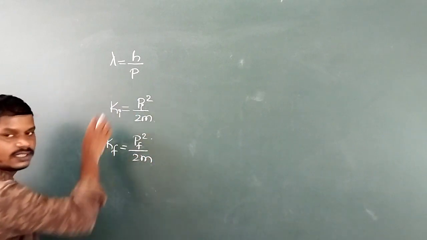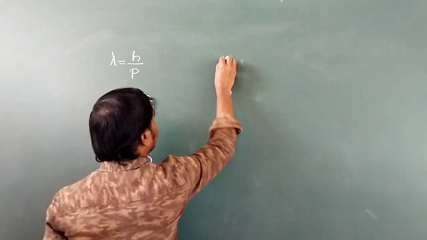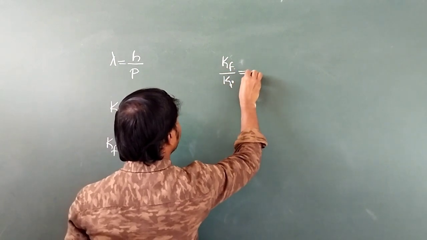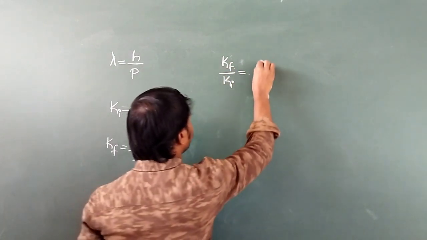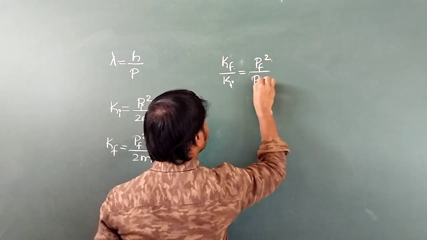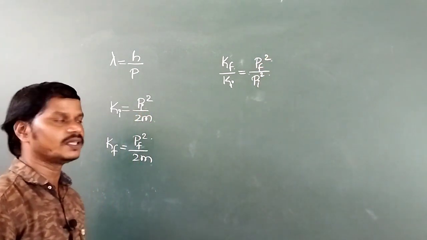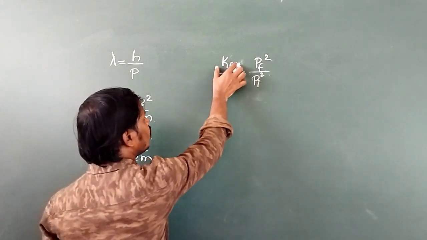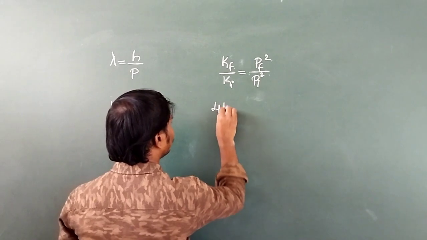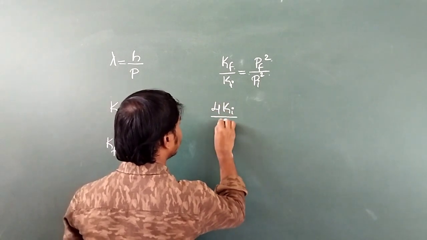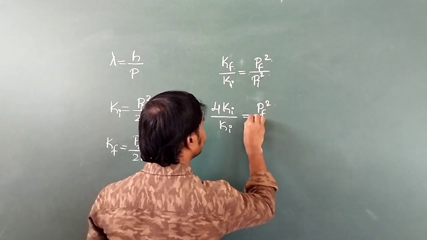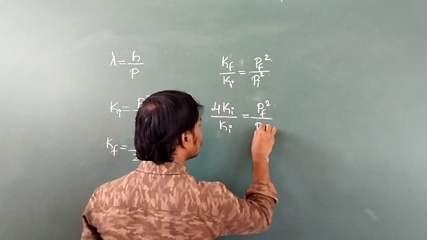So let us take the ratio. So kf by ki is equal to pf square divided by pi square. Then kf is 4 times the initial kinetic energy. 4 ki divided by ki is equal to pf square divided by pi square.